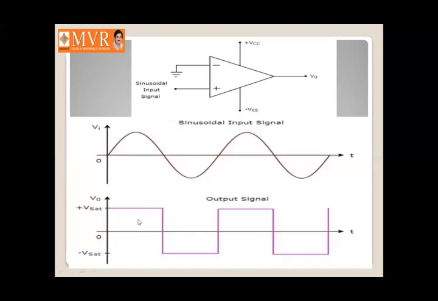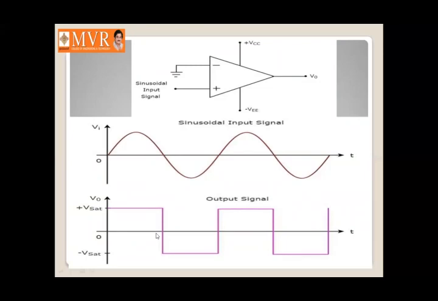And in the case of a non-inverting comparator, the output will have the same polarity. So if Vi is positive, the output also stays at +Vsat. And here there is no linear relationship. As the op amp operates in an open loop configuration, the gain will be very high.